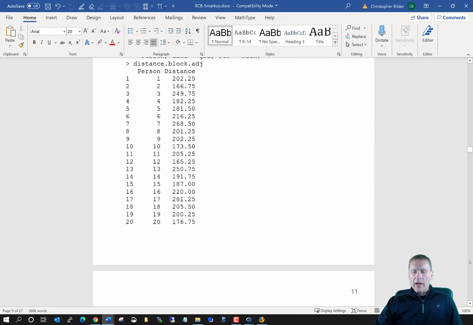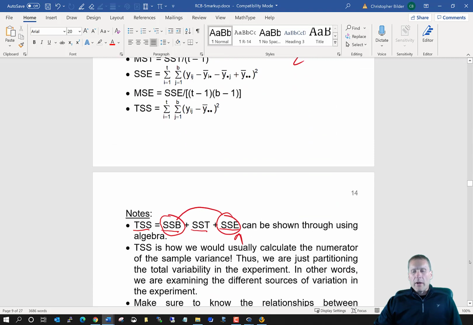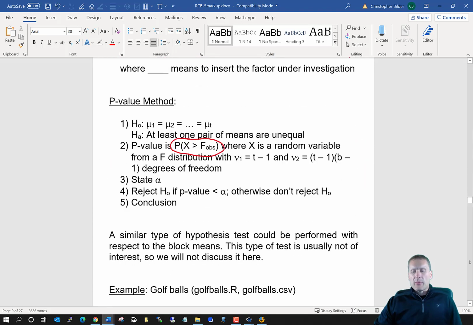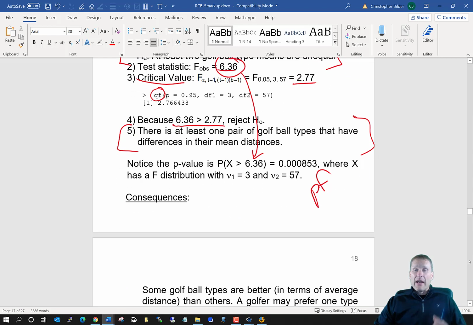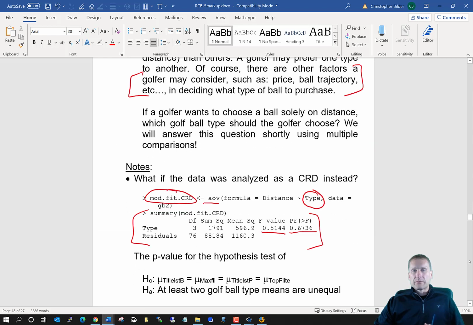So that's not surprising. And again, the reason why that occurs is because there's a lot of variation amongst the golfers. And once we take that out of SSE, our SSE really drops. And because SSE then is in the denominator of F_obs, our F_obs goes up.